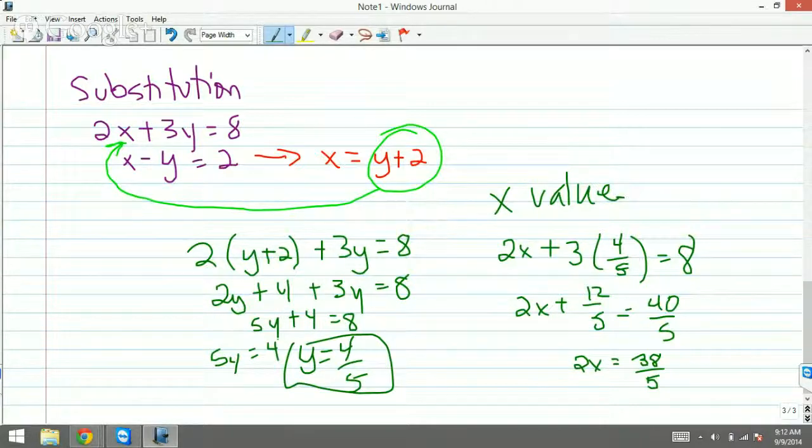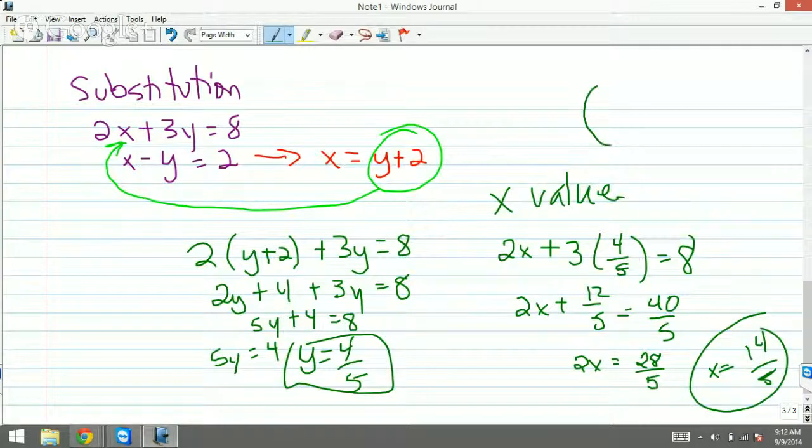Okay, now I subtract 12 over 5. 40 minus 12 is 28. Now divide by 2. What do I get? 28 divided by 2 is 14.